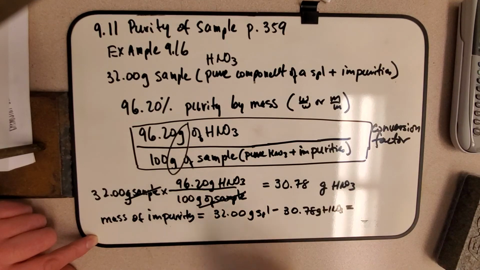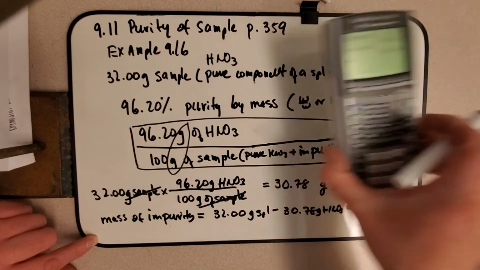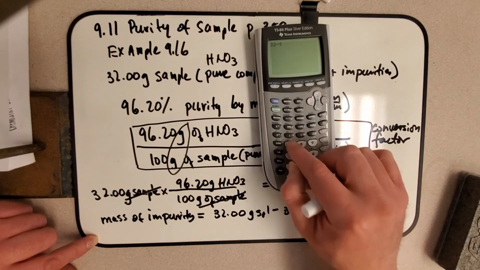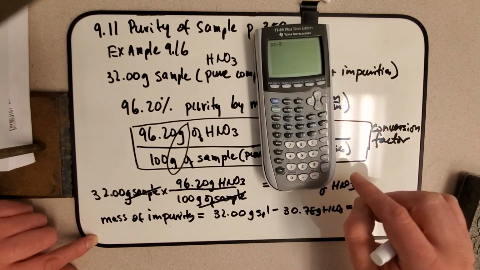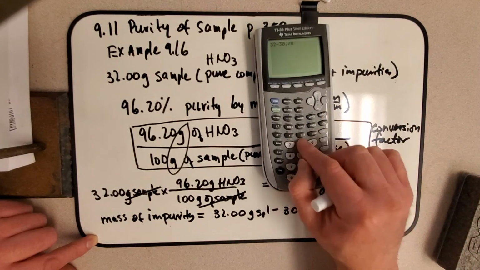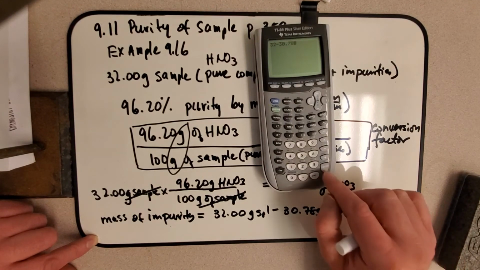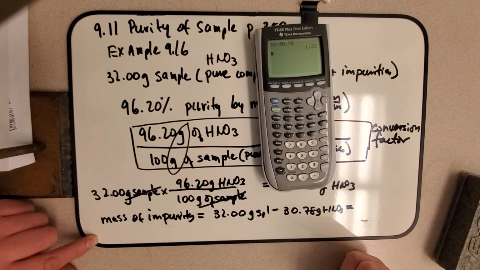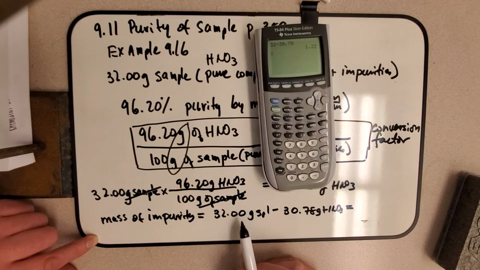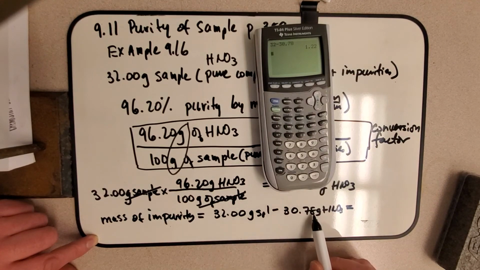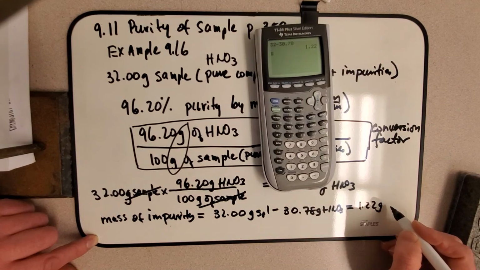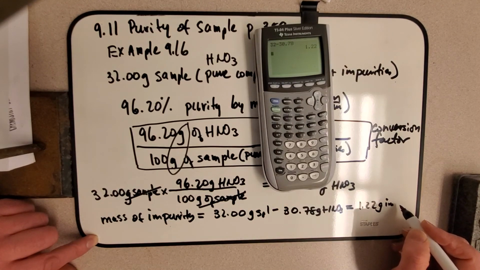The rest, whatever's in the sample, will be our impurities. Again, I'm going to use my calculator: 32 minus 30.78. And what I got here is 1.22. I'm subtracting, so I'm using the precision rules for significant figures. My precision here is in the hundredths place, and this one is in the hundredths place, so my final answer will be expressed in the hundredths place. And that will be so many grams of impurities.